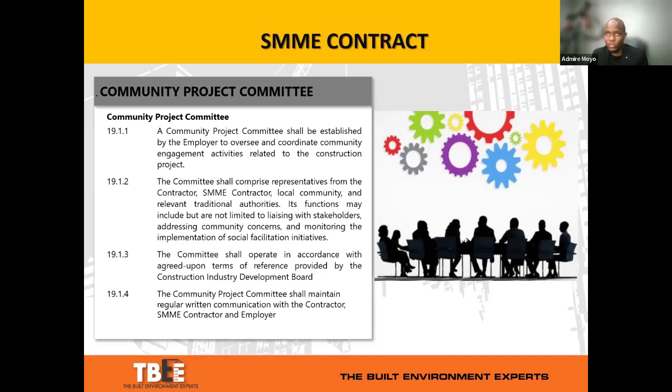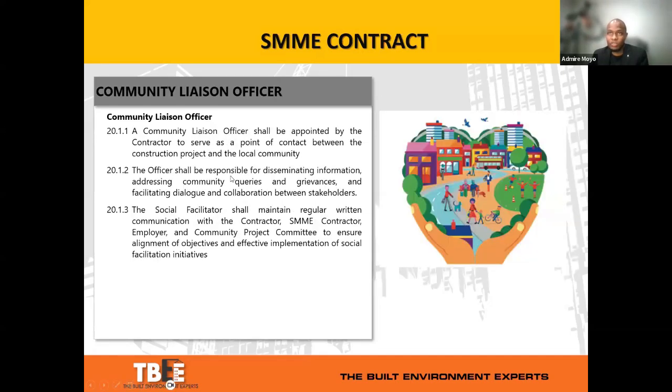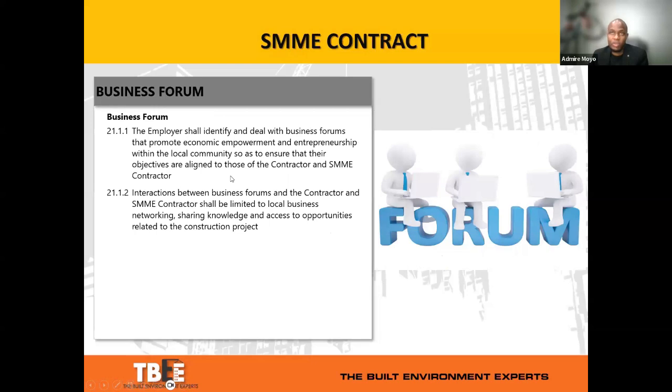The contract also recognizes the role of the community project committee, whether that's a steering committee, but it also then defines the representatives of that community and what their basic functions are. And it essentially lists the obligations of the SMME contractor in dealing with those individuals.